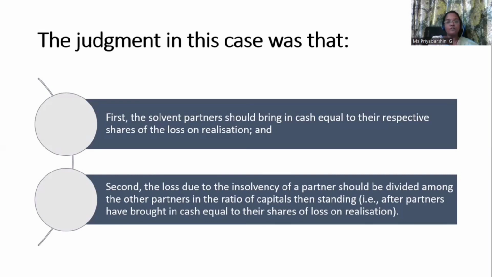Practically, they are not actually bringing in cash, but we make a notional adjustment in such a way that the cash they need to bring is adjusted against the settlements they are to receive at the final end of the dissolution. So the cash being accounted is set off with the settlement they need to get back from the firm.